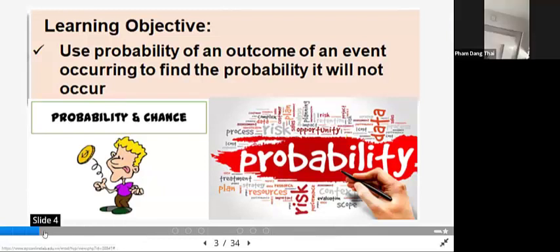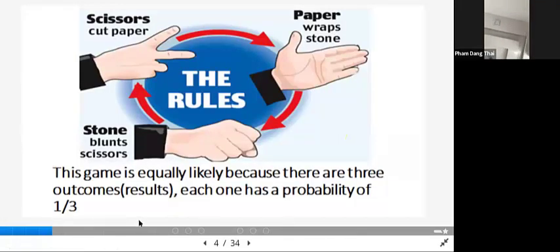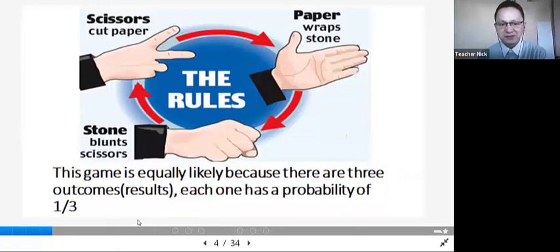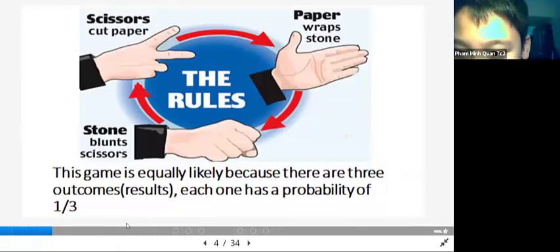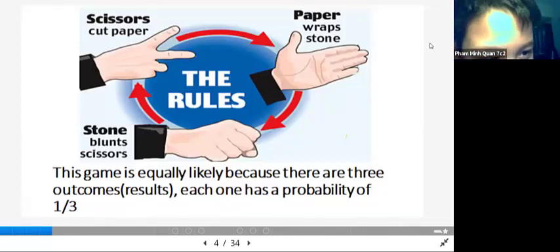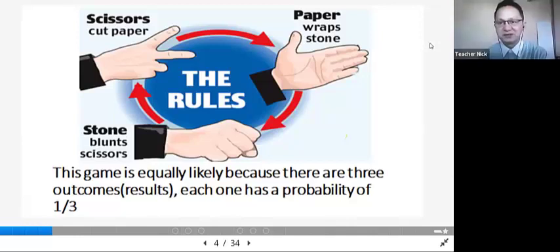So now, are you familiar with rock paper scissors, right? Yes. Yeah, very familiar. I think it's 1 out of 3 because you have rock, you have paper, you have scissors. Yes, these are 3 possibilities. This really illustrates or gives us an idea about probability, because there are 3 results.